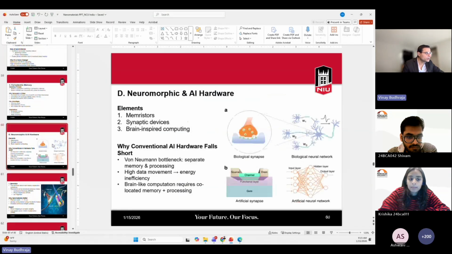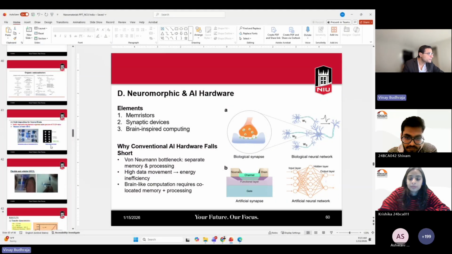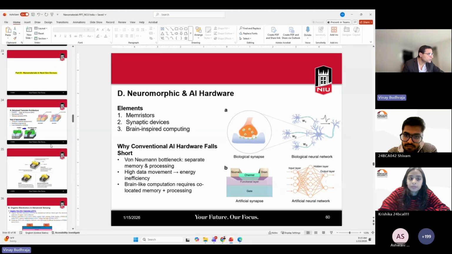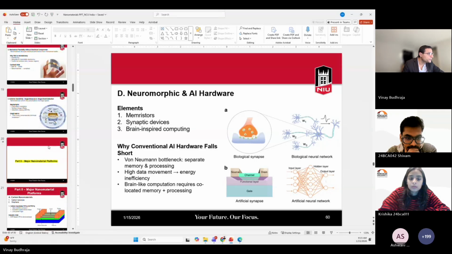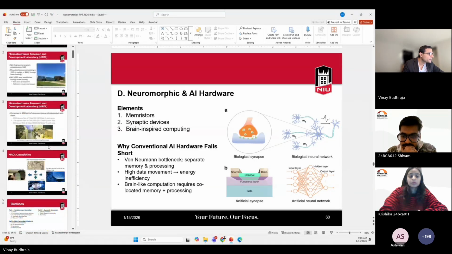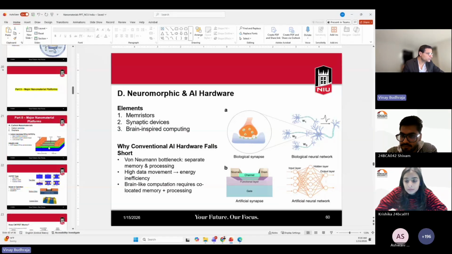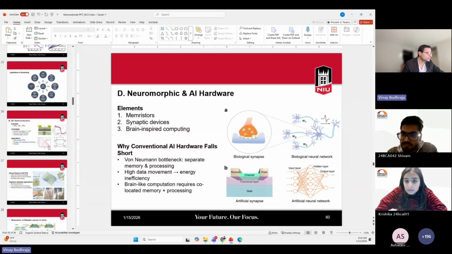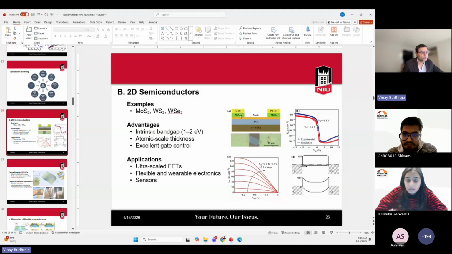In one other case, I showed the device structure, where you might have noticed that I showed the molybdenum-based semiconductor along with the molybdenum oxide. So here, MoS2 and MoOx, you can see it is like having the same.